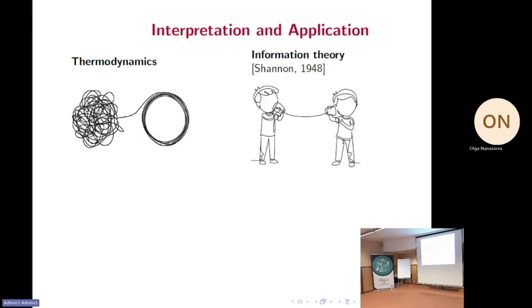Much later, Claude Shannon, in his mathematical information theory, used the concept of entropy as the measure of uncertainty in communication. So, for example, when we have some kind of communication channel, here let's say a telephone, the uncertainty is connected with the uncertainty of the received message.